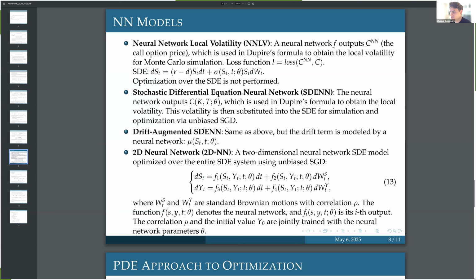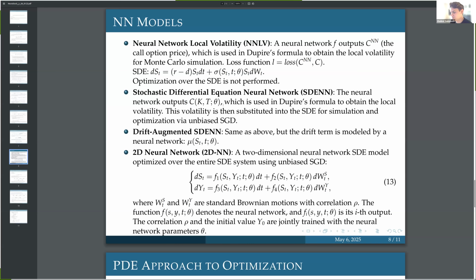The second neural network model is the stochastic differential equation neural network, and it again predicts call option price, which is again used in Dupire's formula to obtain the local volatility. And then this local volatility is substituted into the stochastic differential equation for simulation, with optimization via unbiased stochastic gradient descent.